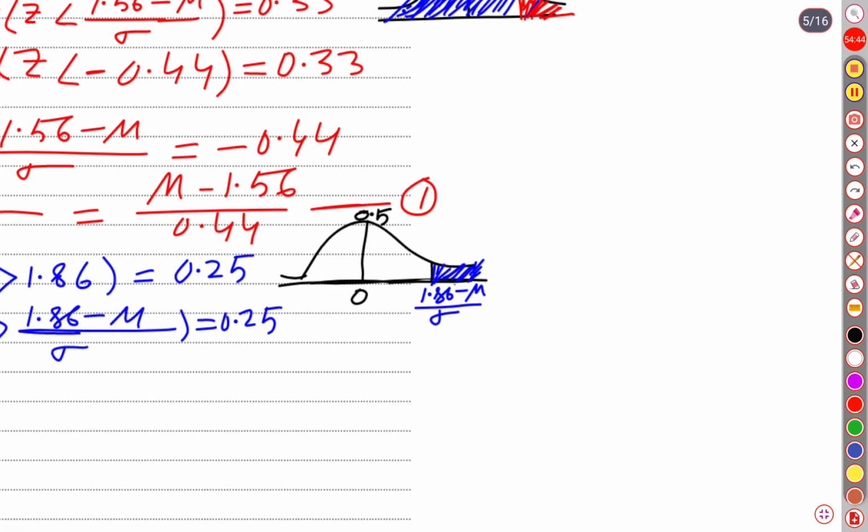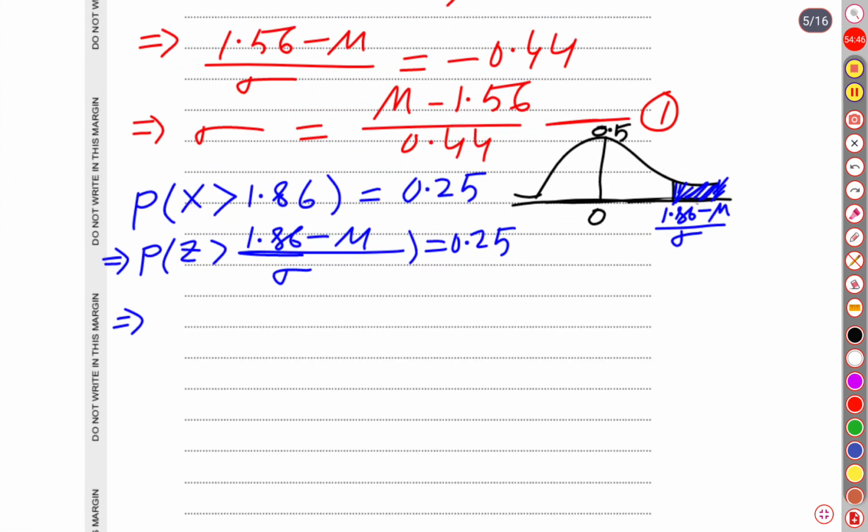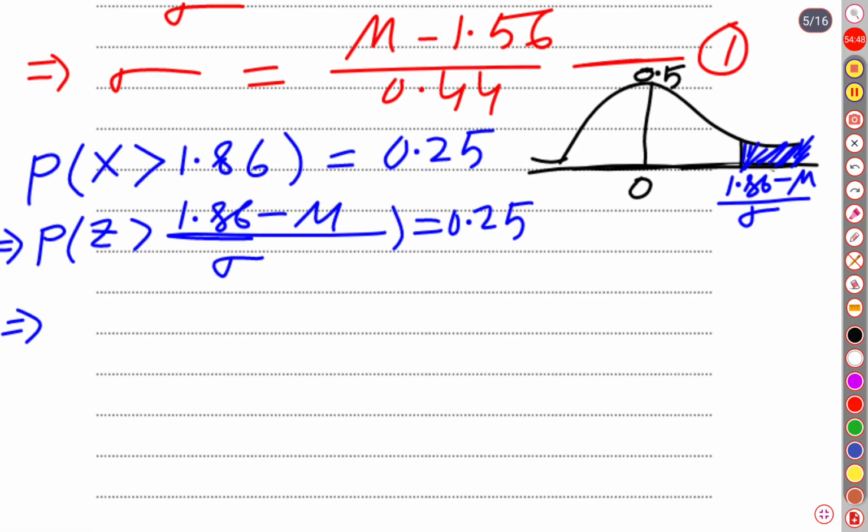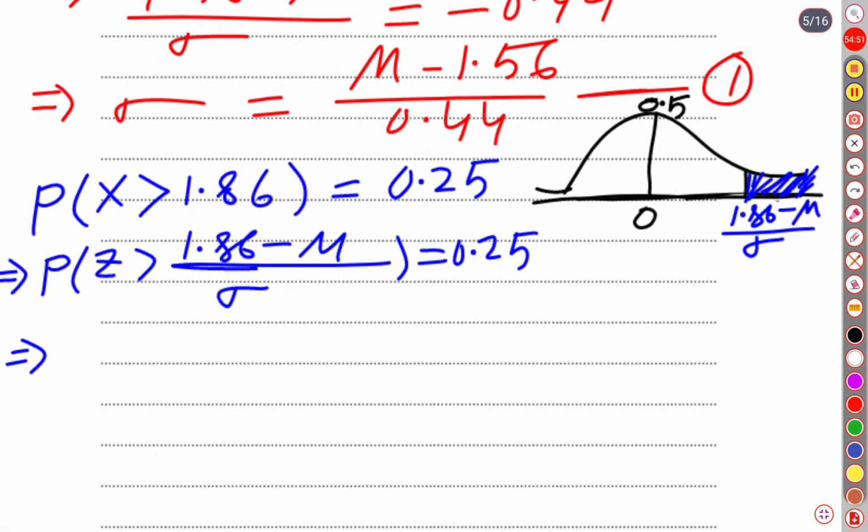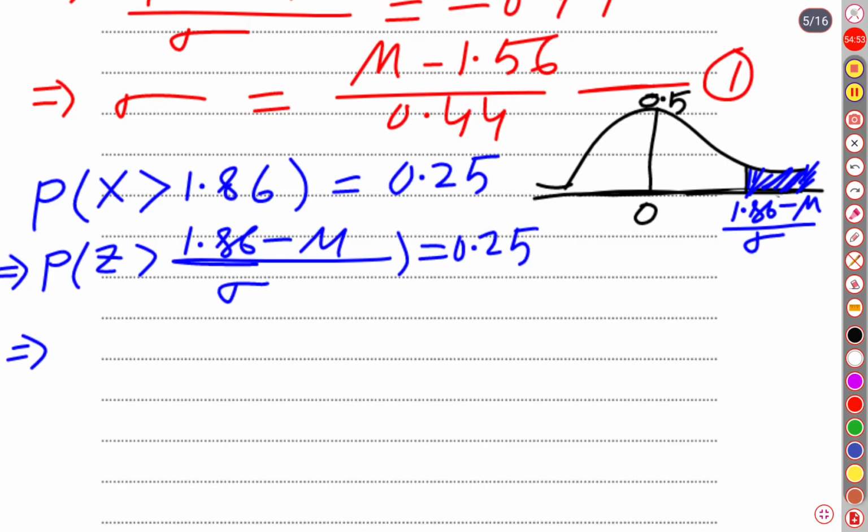How? It must be positive because look at this, our z score is lying on the right side of the mean line. We know if z score lies on the right side of 0, then it is positive. You cannot choose 0.25 from the left side. If you choose 0.25 from the left side, it is wrong, because they have told it is greater than, that means right side.